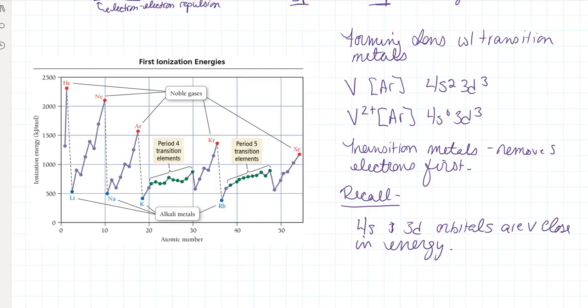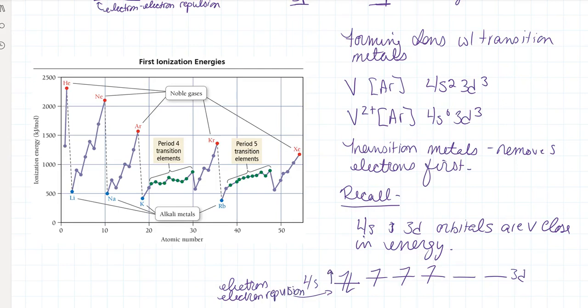So when I take a look at that 4s2 and that 3d3 configuration, we're going to see in fact that since these are so close in energy, this electron-electron repulsion, just like we saw with nitrogen and oxygen, will bump that orbital's energy up. And so this 4s will actually become the highest energy orbital.